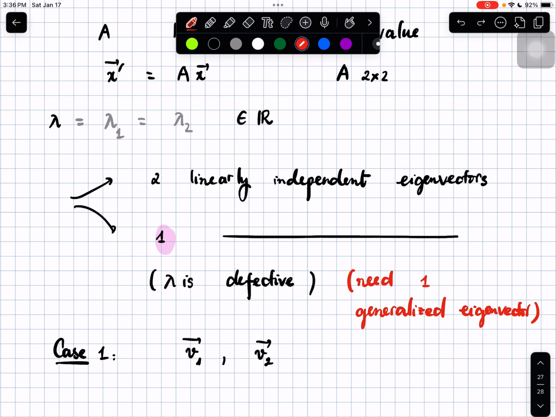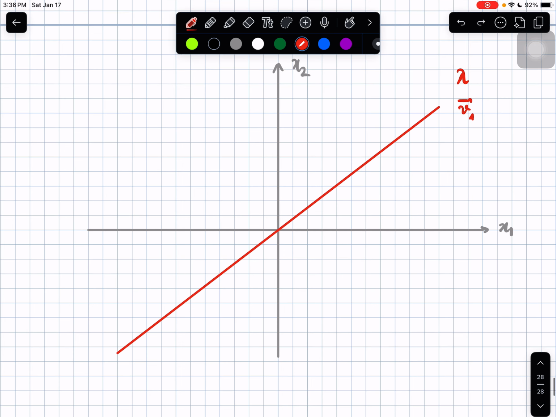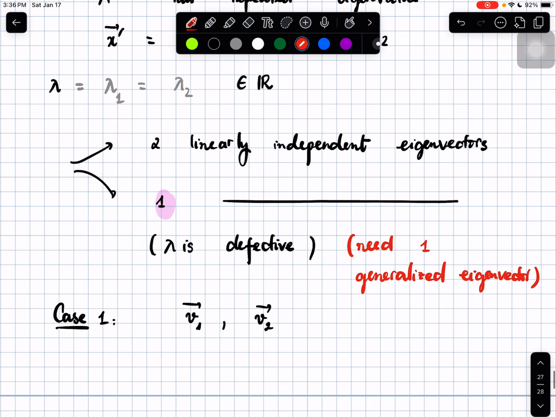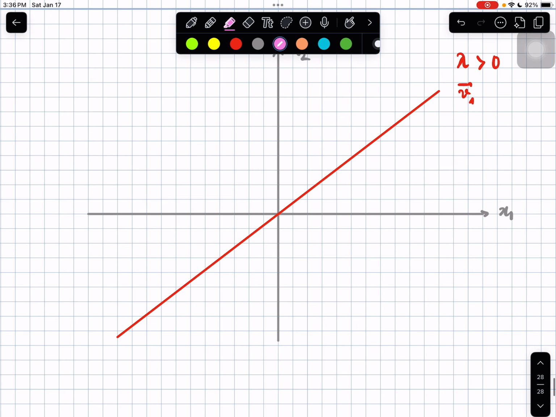We have real eigenvalues. Assume that the real number lambda is positive. The negative case should be similar. Consider this case. Lambda positive, therefore on this line the solutions just go outward.